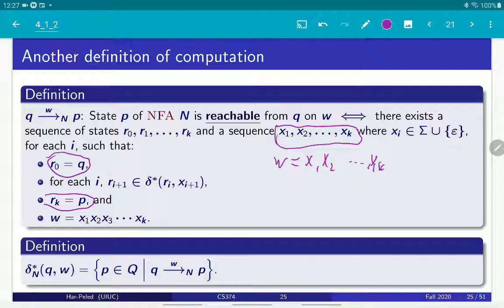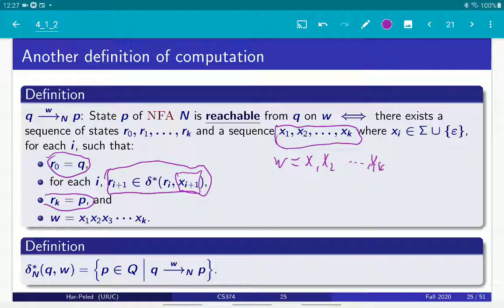Importantly, those xi might be epsilon, so the string W might in fact be shorter than k, but at the maximum it can be of length k. And now the i plus one state is a state you can reach from the ith state using the character x(i+1), which might be epsilon or a real character.